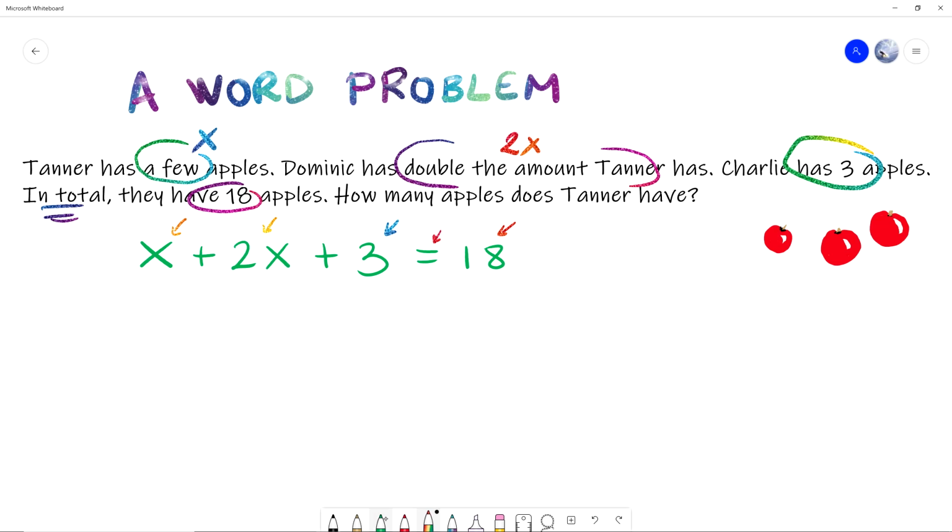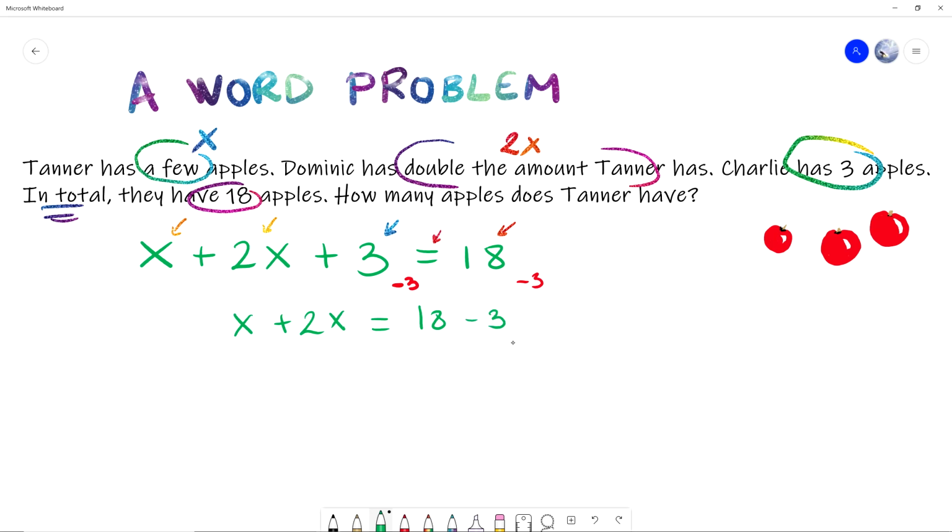Very good. All right. So now we're trying to solve for x. How did you solve this equation? So I started by subtracting 3 from each side. Okay, minus 3 here to get rid of this plus 3, and that would give me x plus 2x plus 3 minus 3, which is 0, so this becomes 18 minus 3, correct?